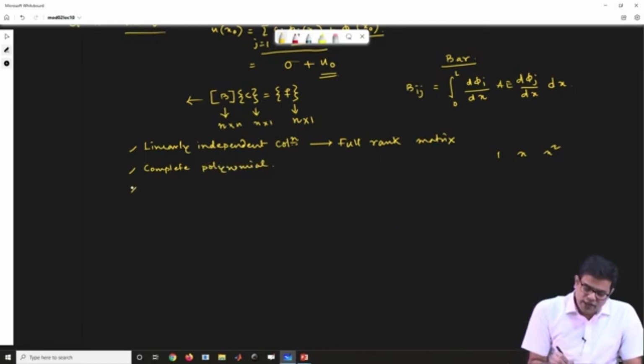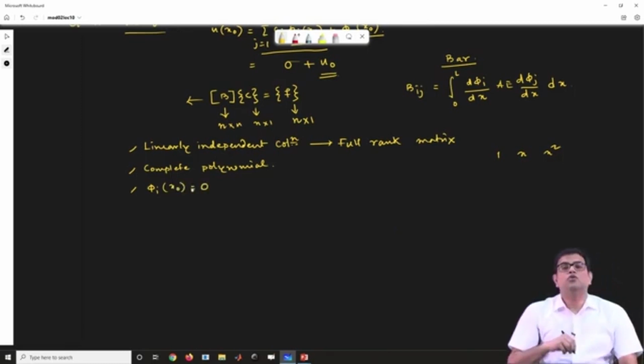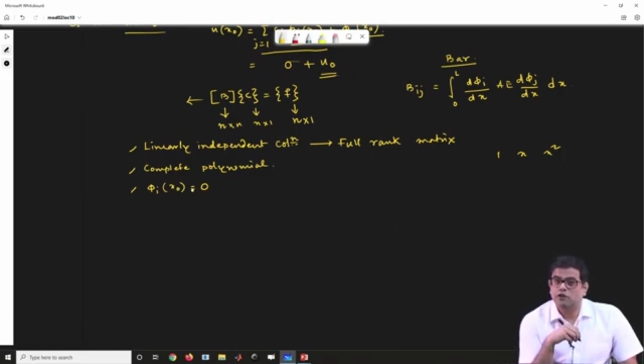And obviously my phi j's or phi i's at x0 have to satisfy the homogeneous boundary conditions. These three are the main requirements for a successful, unique solution of the Cj's.